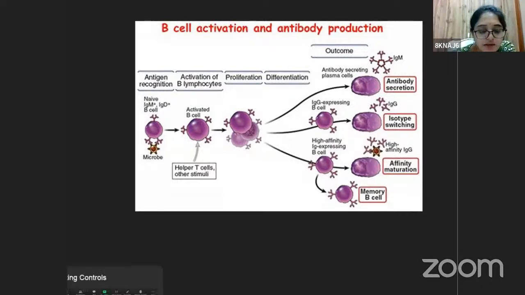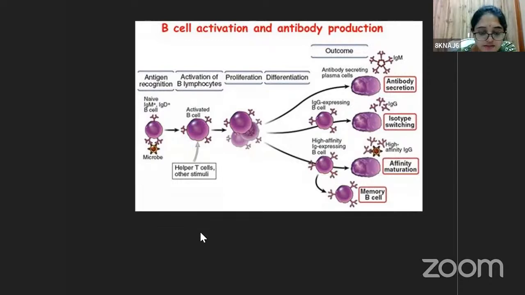So a mature B cell encounters an antigen. This binds to the B cell receptor so that the B cell is activated. Then proliferation takes place, and these B cells form a germinal center. The germinal center B cells undergo somatic hypermutation and class switch recombination.